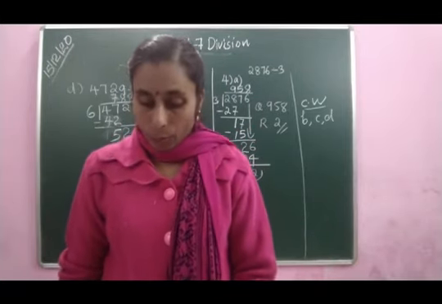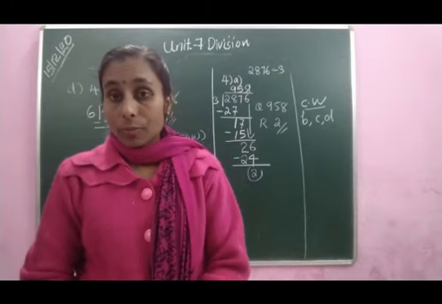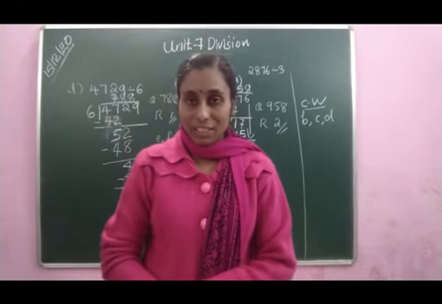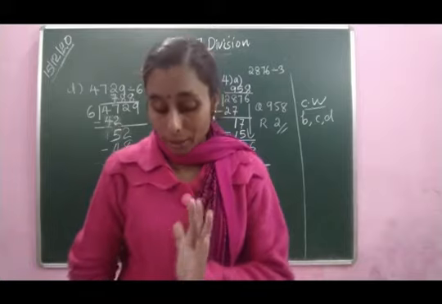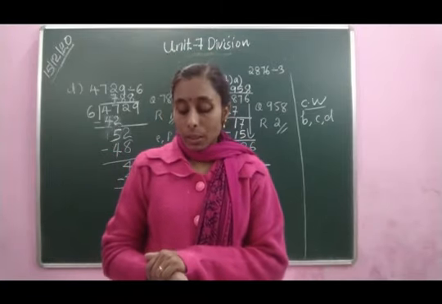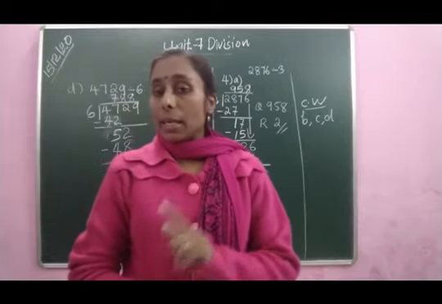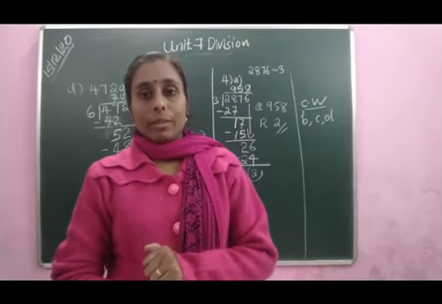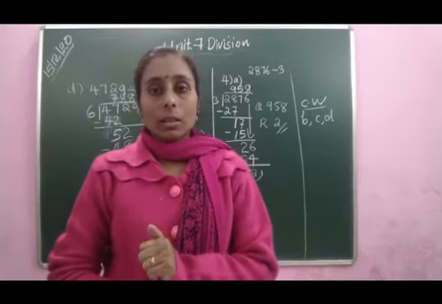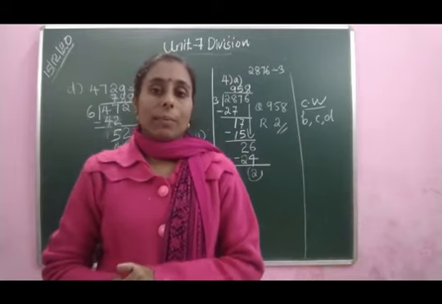Okay. Now we are going to learn the properties of division. What are the properties of division? Here, first property: when we divide a number by 1, we always get the number itself.